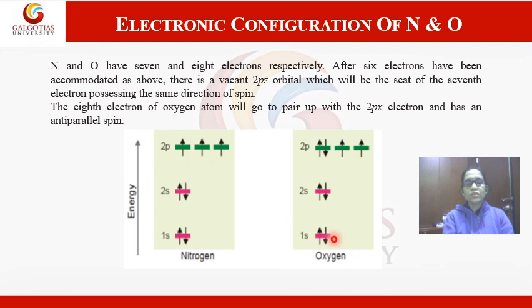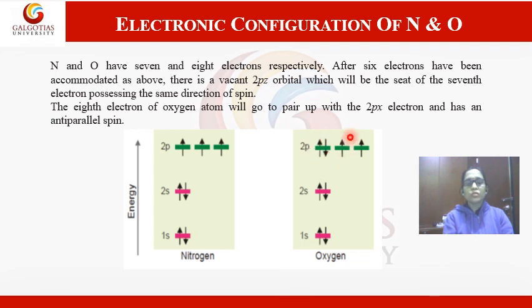Similarly, consider oxygen. The atomic number is 8, so this is 1s2, 2s2 and 2p4. Here you see the 4 electrons in the p orbitals: each orbital will first be occupied by one electron, then the last electron is paired in the px orbital.